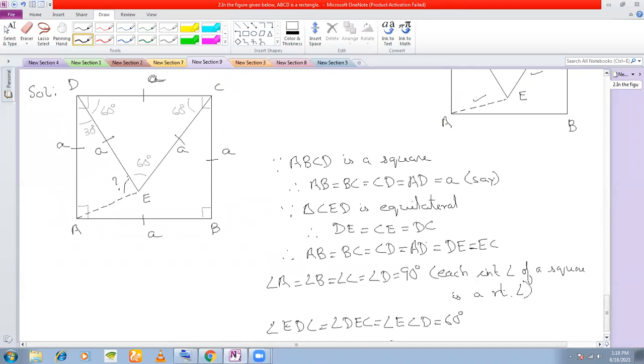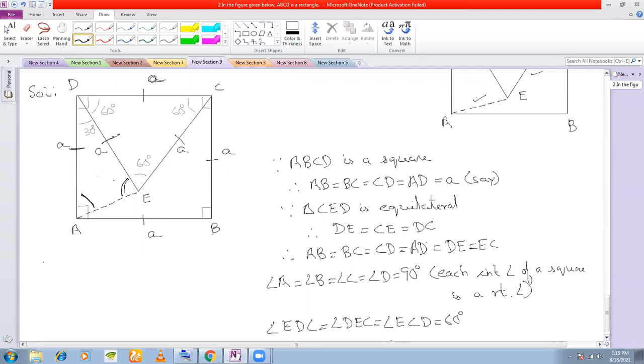Now you look at this triangle, you see these two sides are equal. Therefore, this must be an isosceles triangle, isn't it? And in an isosceles triangle, base angles are equal, right? That means which angles are equal in this triangle? This angle here and this angle here are equal. Do you agree?